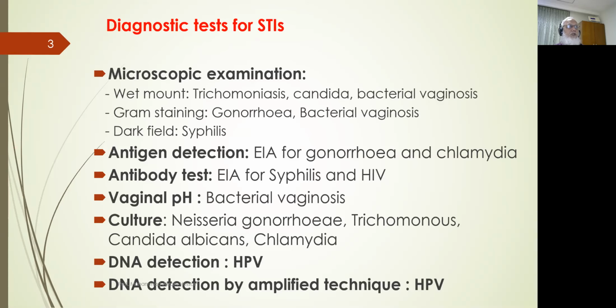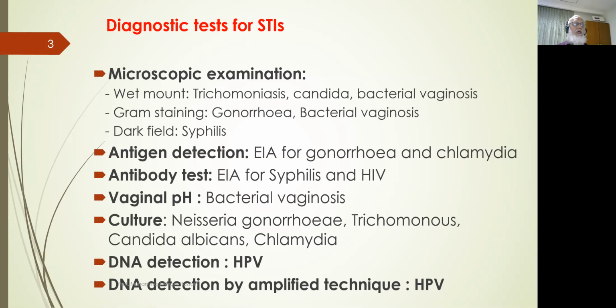What are the diagnostic tests available for STIs? Of course, microbiology deals with microscopic examination, and by wet mount, we can diagnose many infections, a few infections like Trichomoniasis, Candidiasis, bacterial vaginosis.